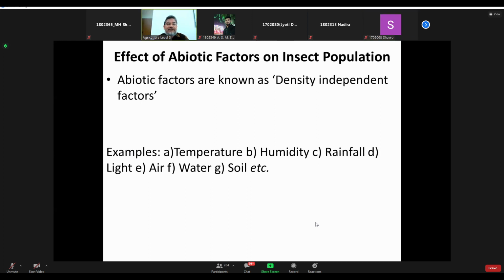Humidity, rainfall, light, air, water, soil, all these are abiotic factors. That is, they are not living factors. So I'm going to talk about the effect of temperature. How does temperature affect the life of insects? Then we will move to moisture, then light, and others.